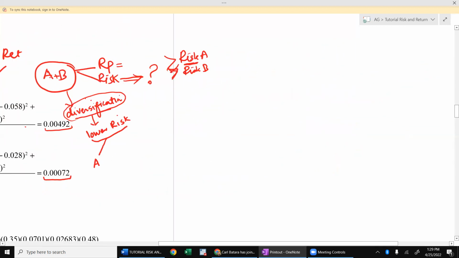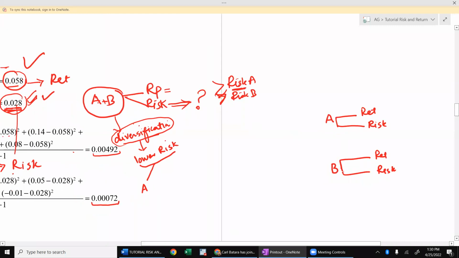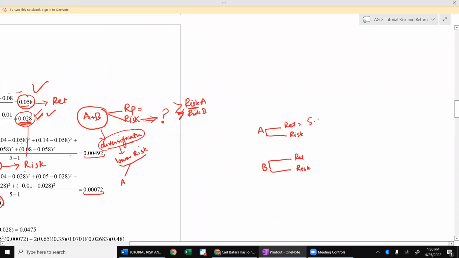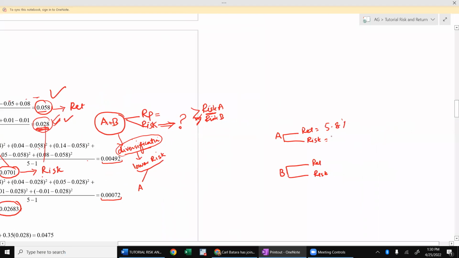Okay, let me explain it this way. Security A and B each have a return and a risk. For A, 5.8% is the return and 7.1% is the risk.